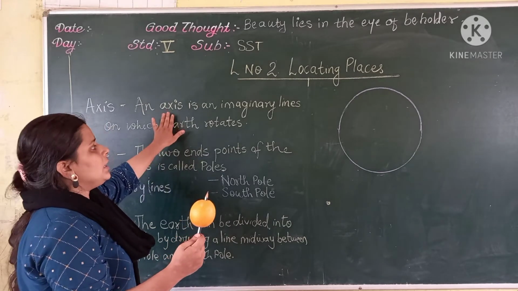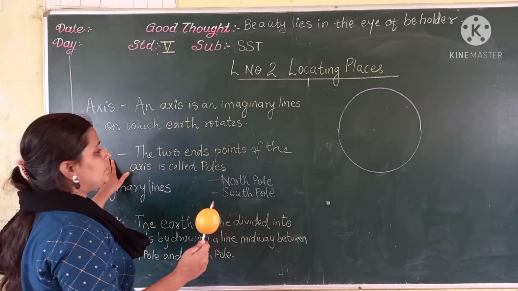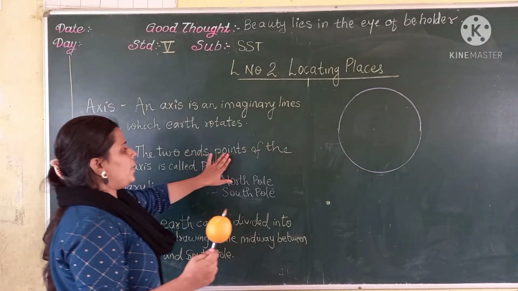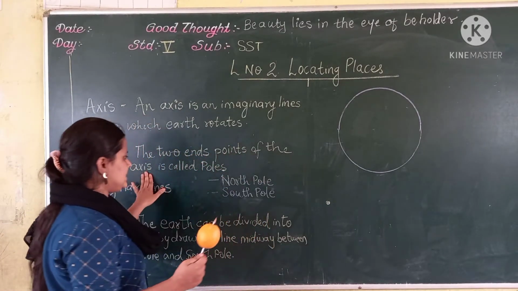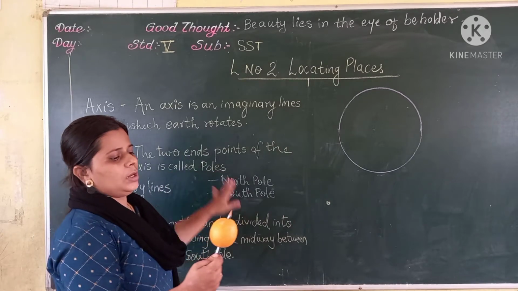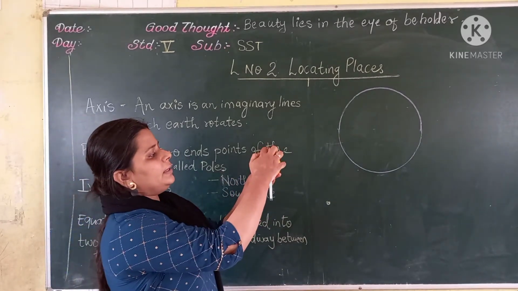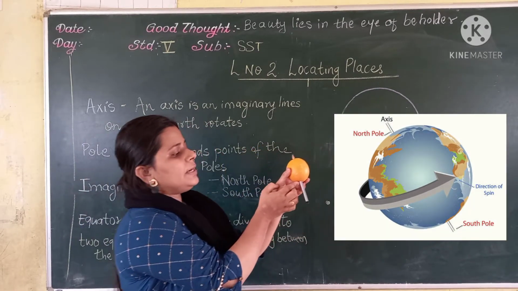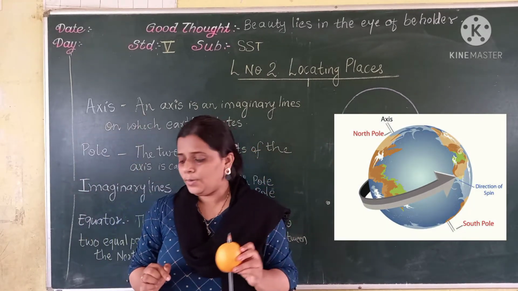Okay students. Now we will understand about the pole. So what is a pole? The two end points of the axis are called poles. Now I will show you the two end points. You can see here, the two end points of the axis are called poles.